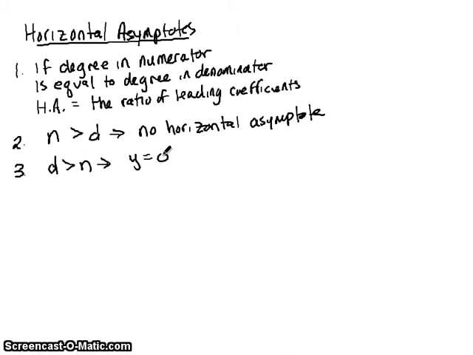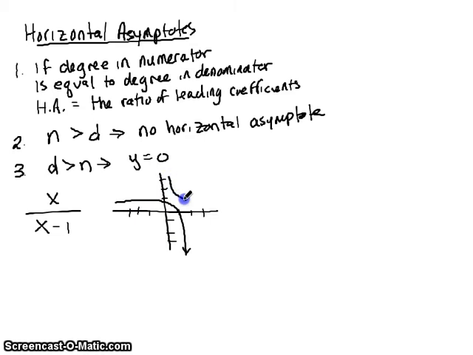So what we need to think about with horizontal asymptotes, if we think of the graph of x over x minus 1, the graph looked like this. As we look at our graph, we're going to see our horizontal asymptote at y equals 1.